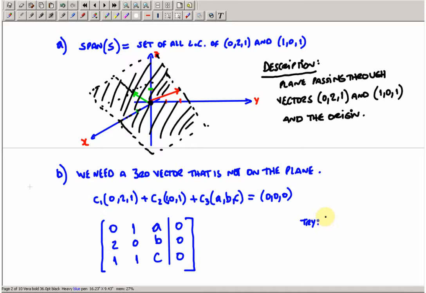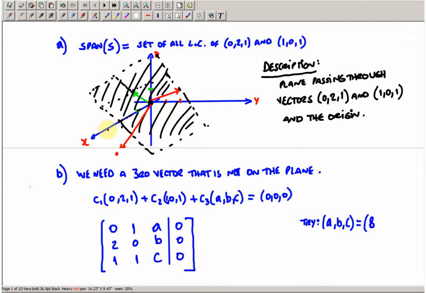Try, for example, putting a, b, c here as 8, I want to get a vector off, maybe way over here, off the plane.